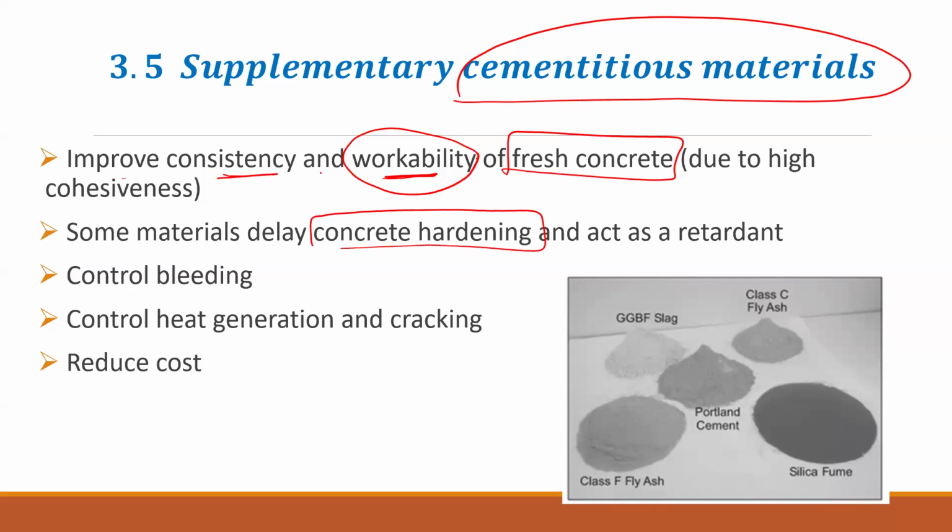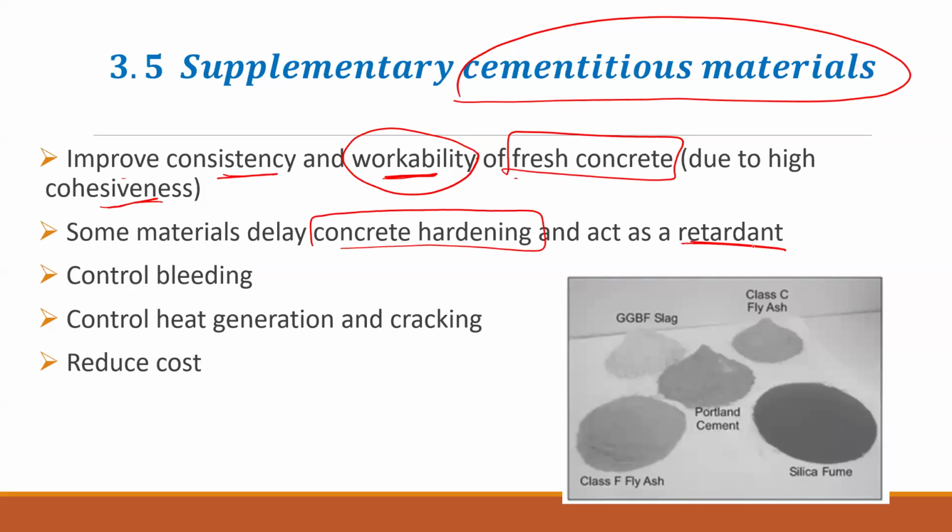They improve consistency and the workability of fresh concrete due to the high cohesiveness. Cohesiveness is the ability to get together with the other particles. Some materials delay concrete hardening and act as a retardant. The materials that can delay the hardening, we call them retardants.